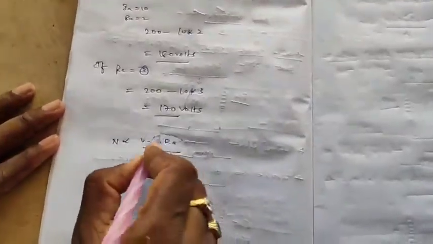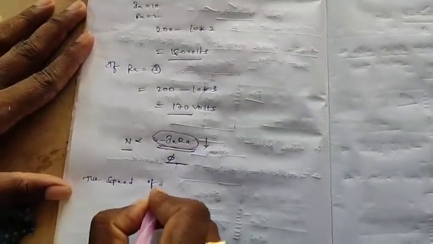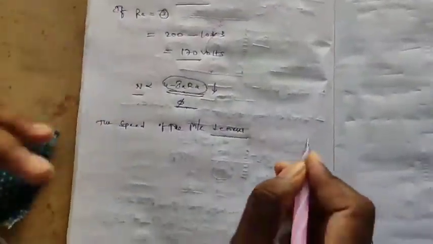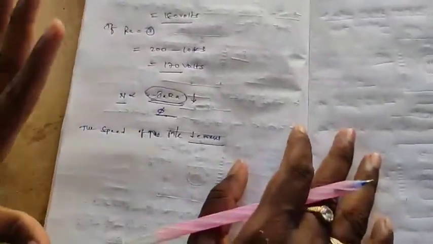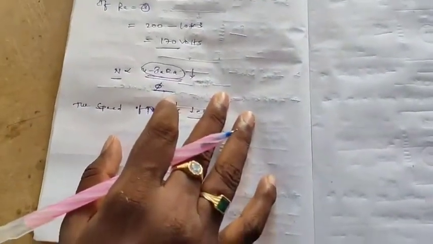The difference decreases. From the initial stage, if you increase the value of RA, the difference decreases. If the difference decreases, the speed of the machine decreases. So that's why we can control the speed like that. In this case, we can control the speed below the rated value.